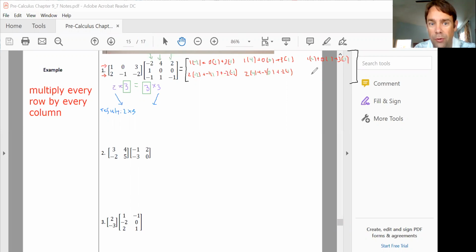Throw in the next numbers, for the second row and the third column. So 2 plus -1 plus a -2. So 2, 0, -1.